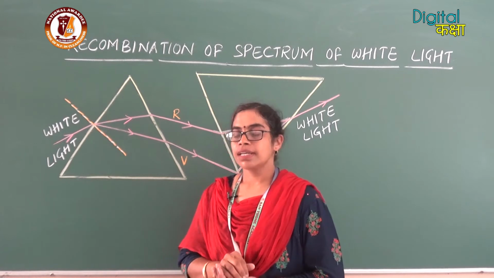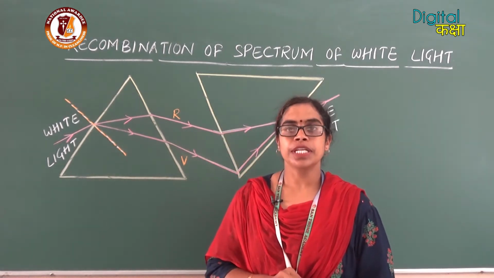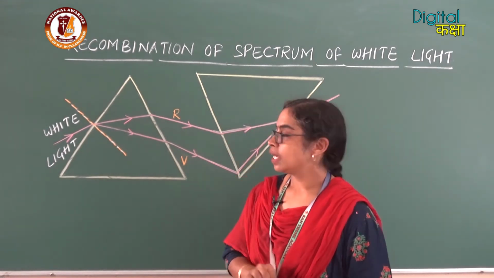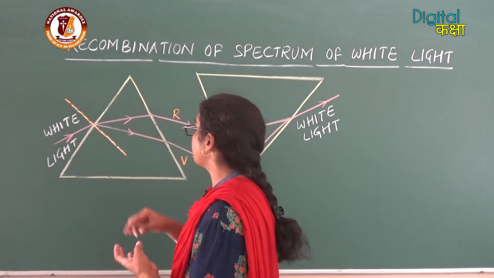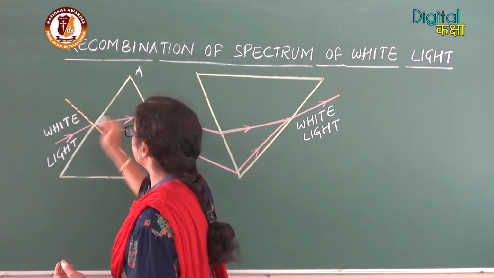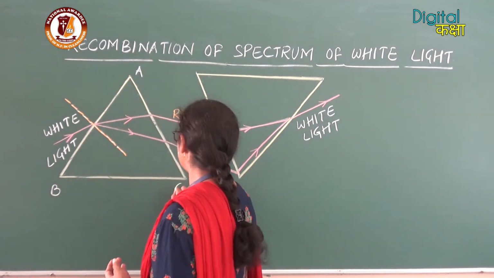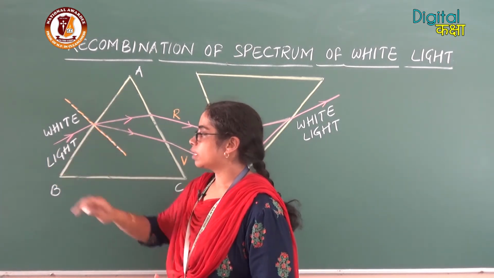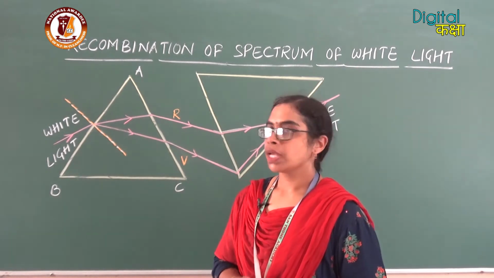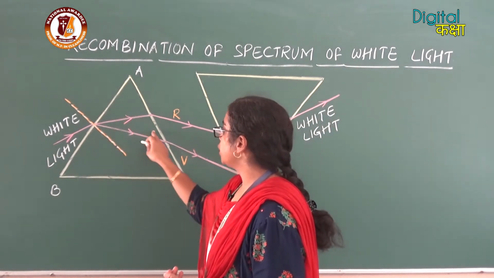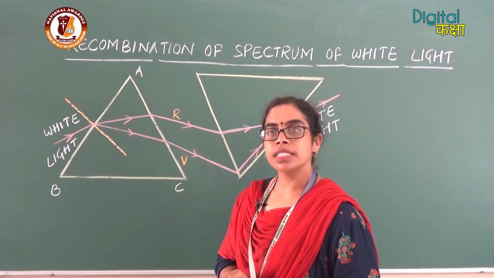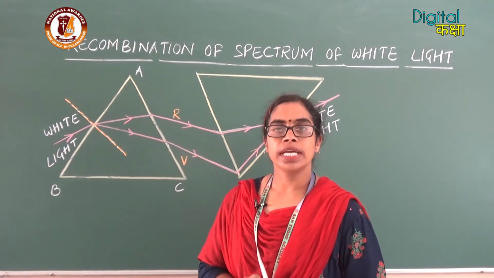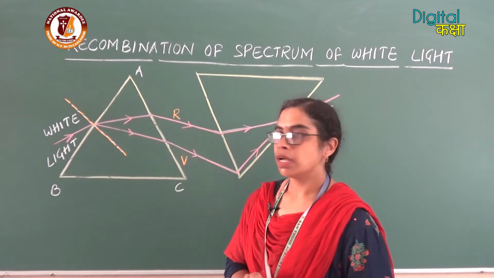We know that the white light splits up into the 7 colors in the process of dispersion. Now here, this is a prism, the first prism, which is labeled A, B, C. The white light is incident on the refracting surface AB and is split up into the 7 colors ranging from V to R, that is, from violet to red.